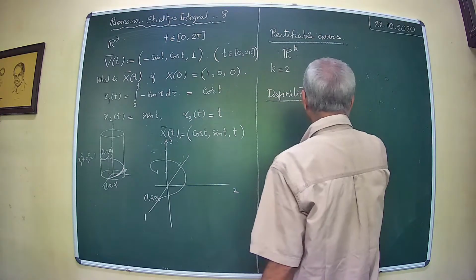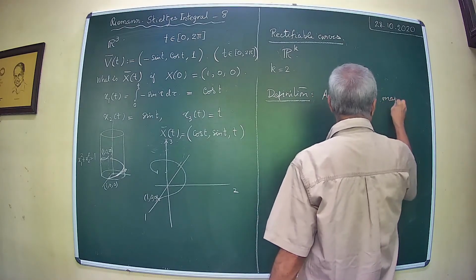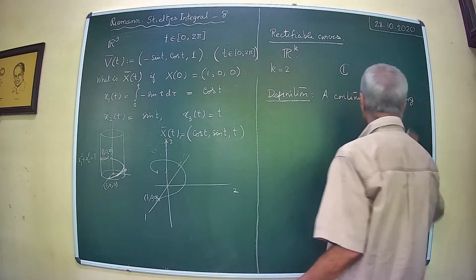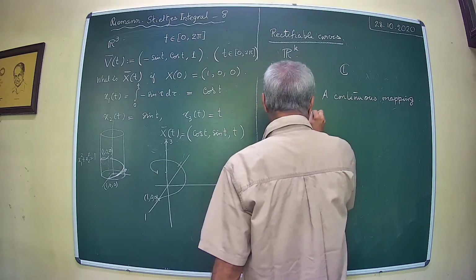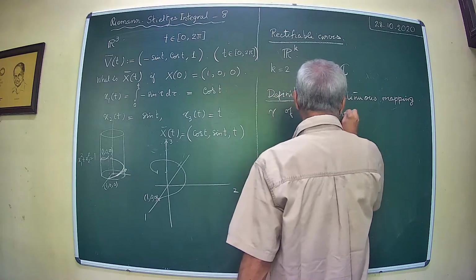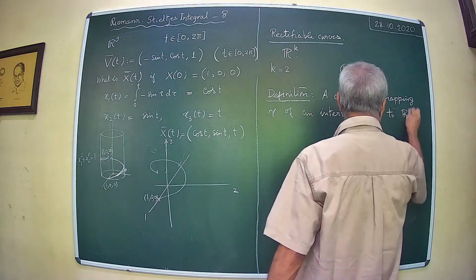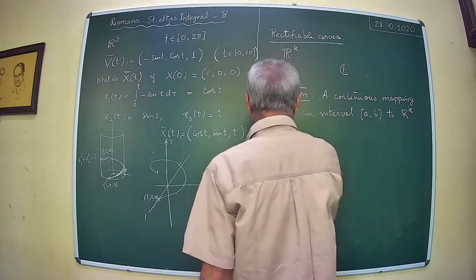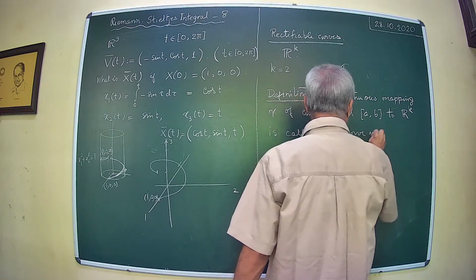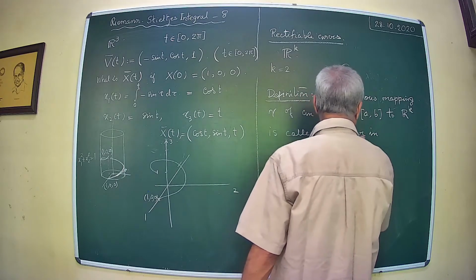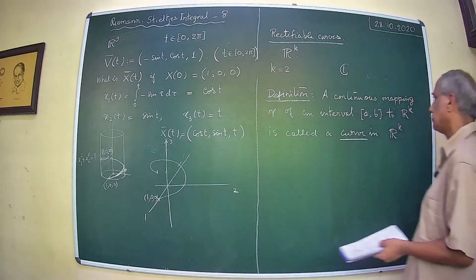So a continuous mapping gamma of an interval [a, b] to R^k is called a curve in the space R^k.